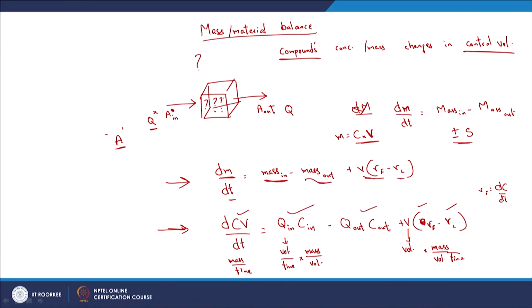Let us try to understand what we have. Let me write this equation again. Assuming that the volume is constant, it is going to be V dC by dt equal to Q in C in minus Q out C out plus volume times rate of formation of the compound minus rate of loss of the compound, right.